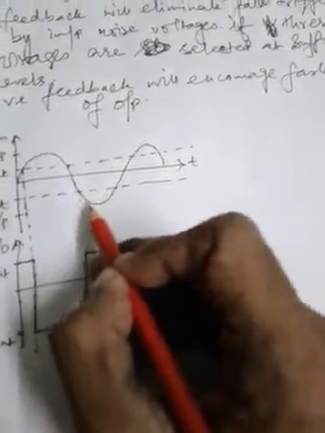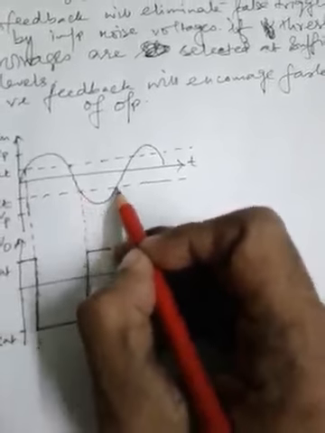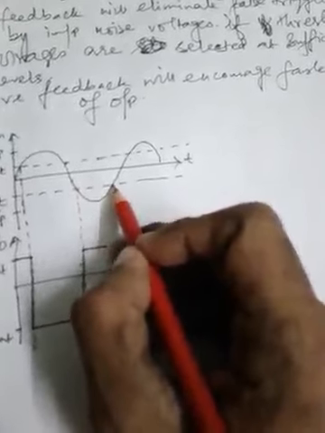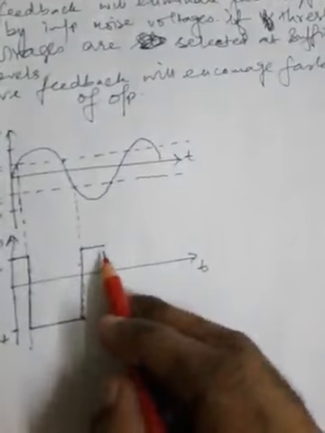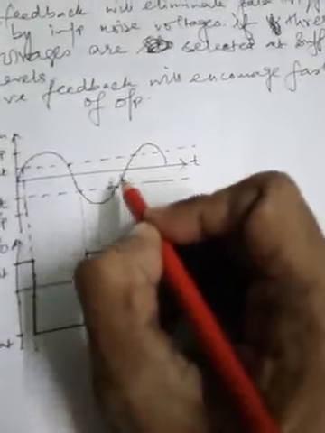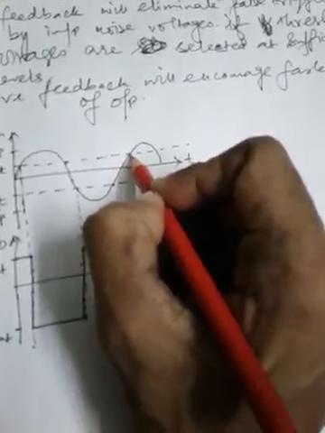Now till it crosses once again this negative cycle of input voltage, the VLT level, it should immediately move to the negative saturation, but it will wait till it crosses once again this value.